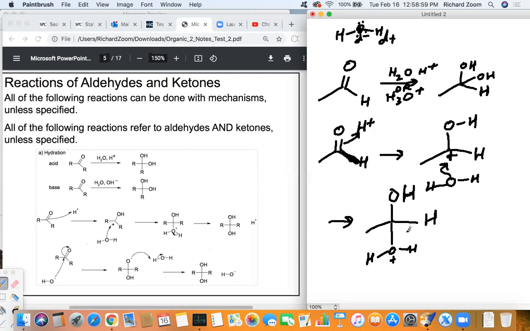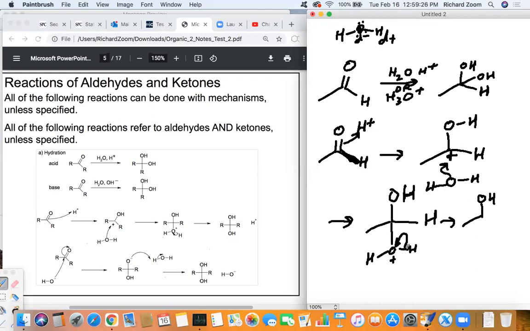Which means now the oxygen has donated 2 electrons to that bond, so it becomes positive. The carbon has lost a positive charge now. Then in order for this reaction to complete, the bond to the hydrogen here will break. It doesn't matter which one, obviously. It could be either one. And again, look at where the arrow is coming from.